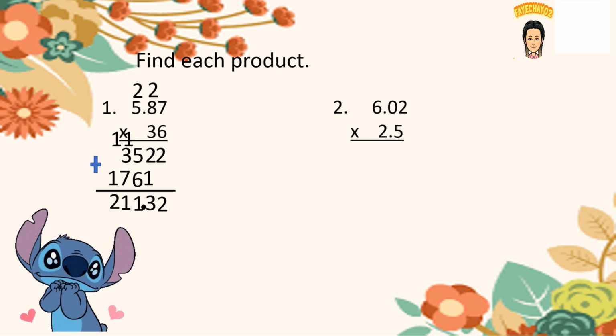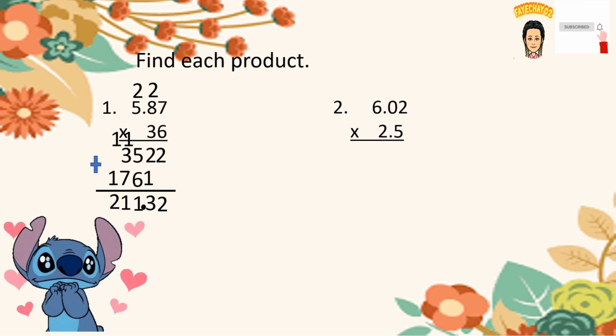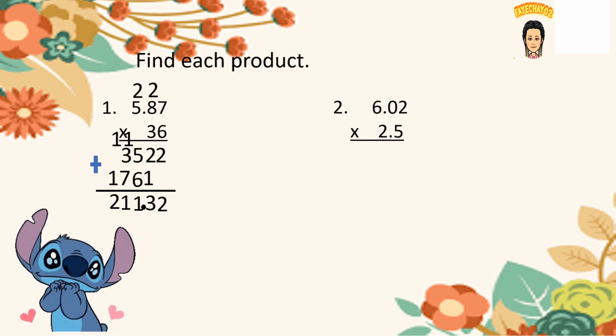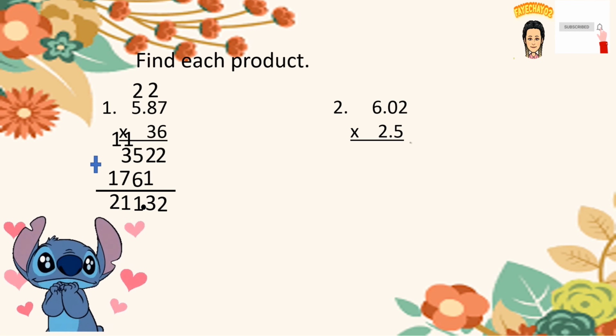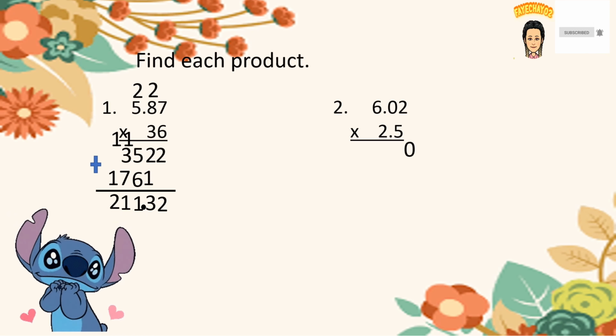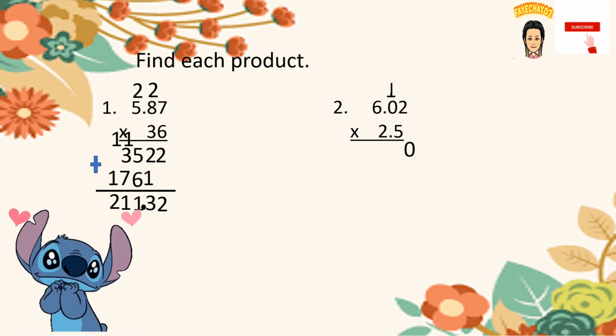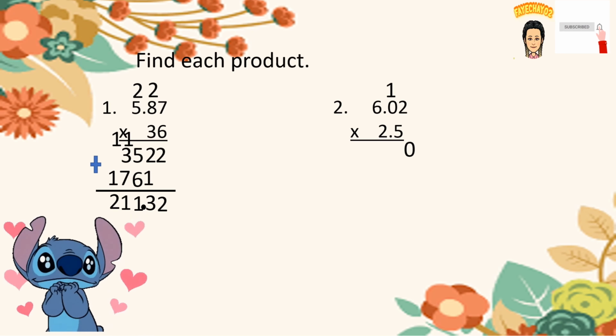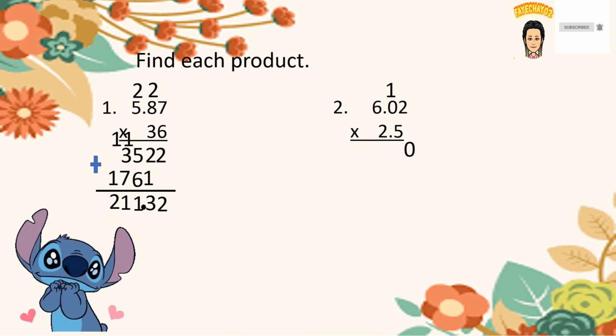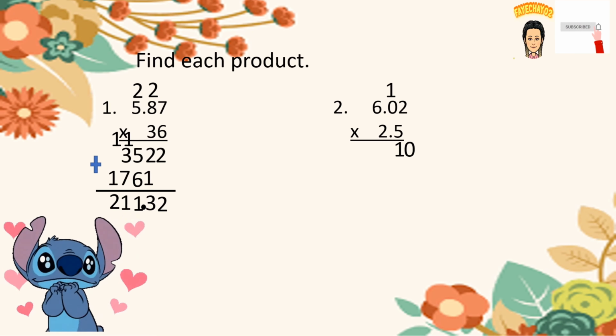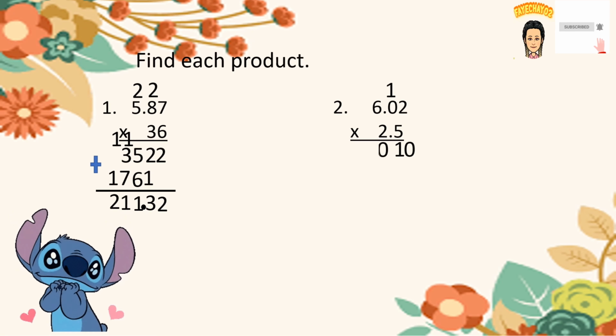Another one, we have 6.02 times 2.5. So again, multiply like a whole number. 5 times 2 is 10. 0 regroup 1. 5 times 0 is 0, plus 1 is 1. 5 times 6 is 30.